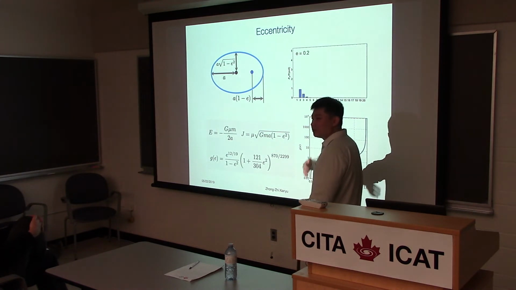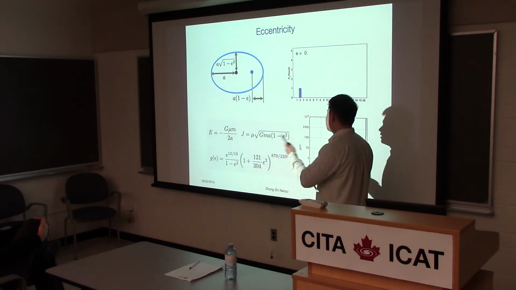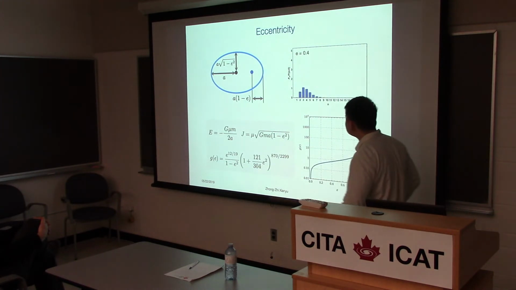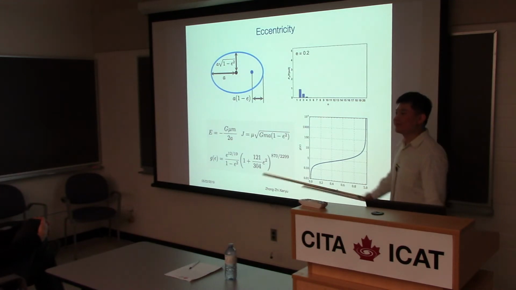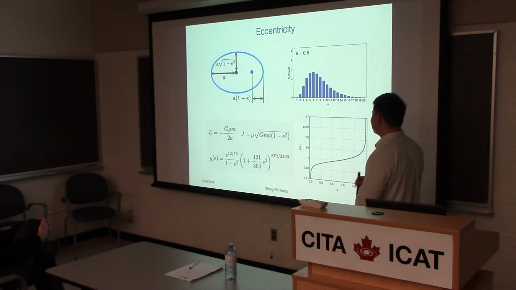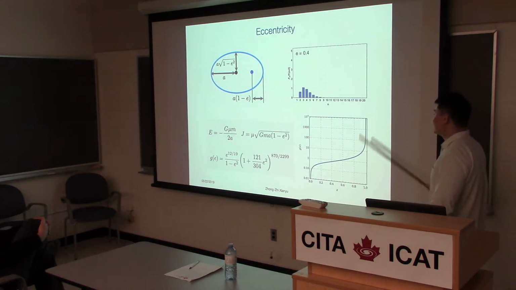And there will be a certain one-to-one relation between A and E described by this G(E) function. And now I invite you to remember this. This will appear several times in my talk. Not this number, but I mean this shape. This shape is very useful.